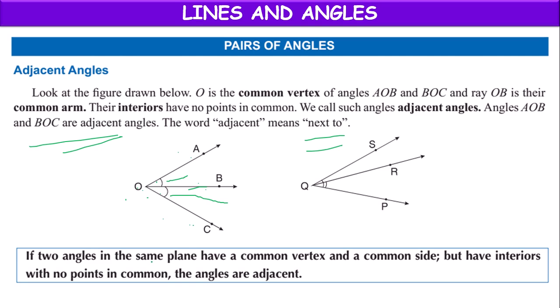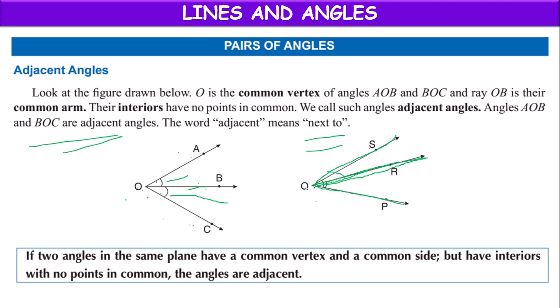Next. Suppose if you see this one, here Q is the common point for SQR and RQP, and QR is the common arm.